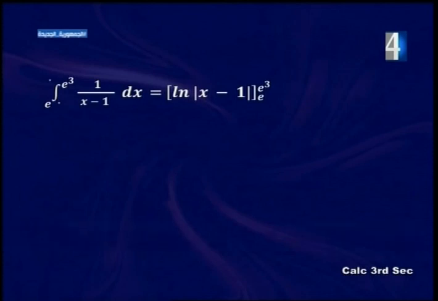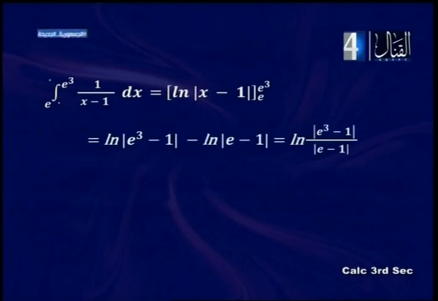Now we can substitute: ln absolute e power 3 minus 1 minus ln absolute e minus 1 equals ln absolute e to the power 3 minus 1 over absolute e minus 1, from the properties of logarithm.